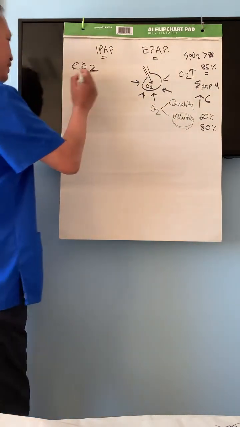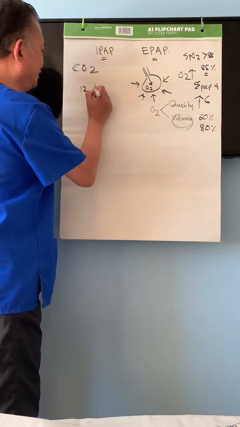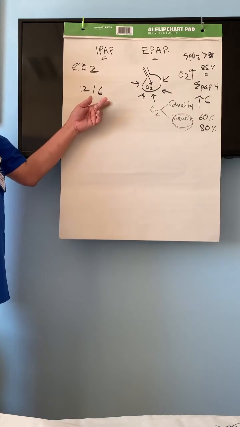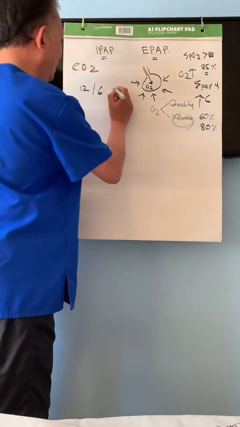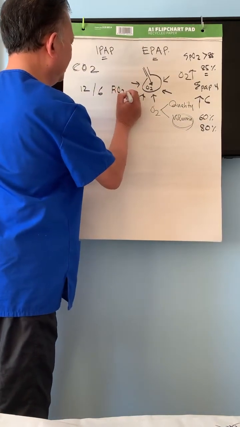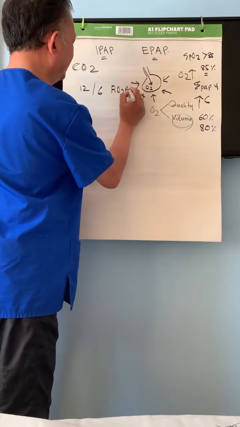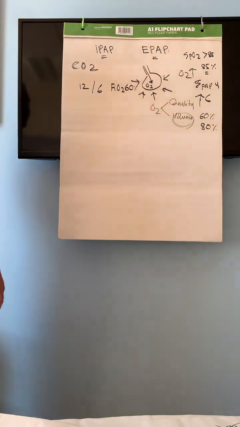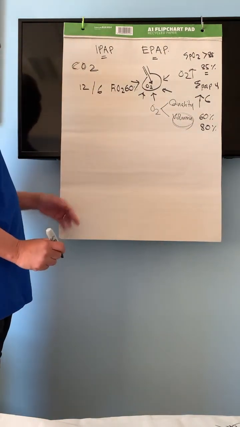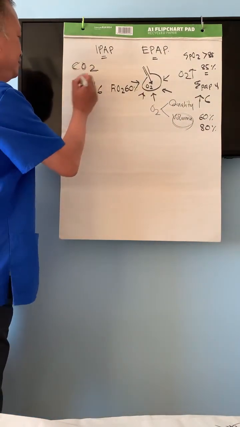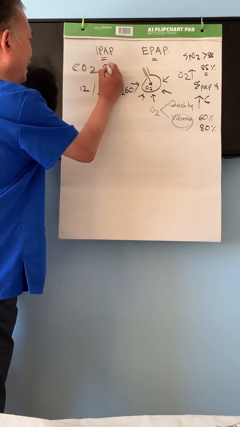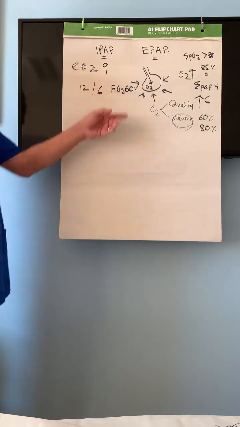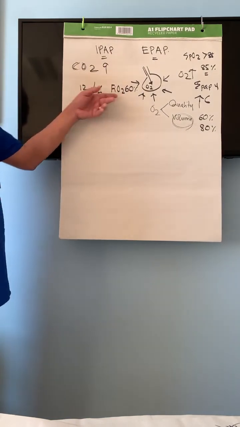For example, we start with iPAP 12, ePAP 6, and FiO2 60%. This is the quality. The patient has a carbon dioxide of 9, and you start with these settings: 12/6, 60%.